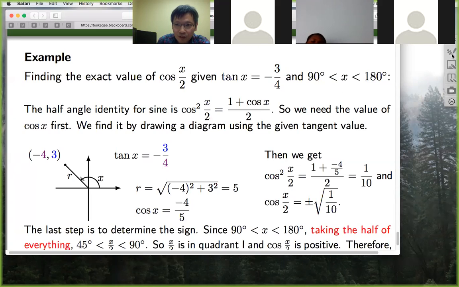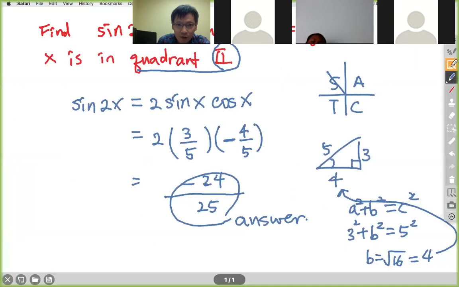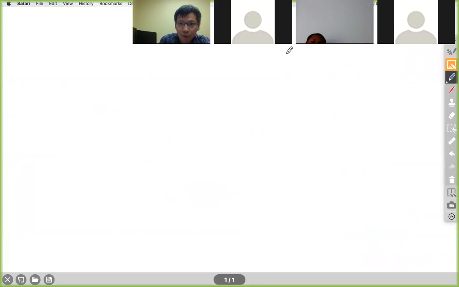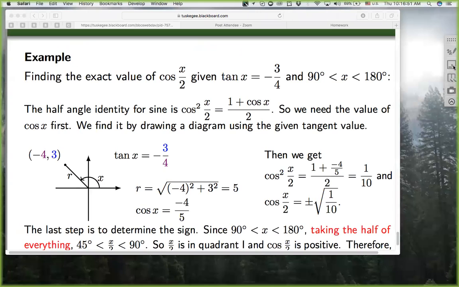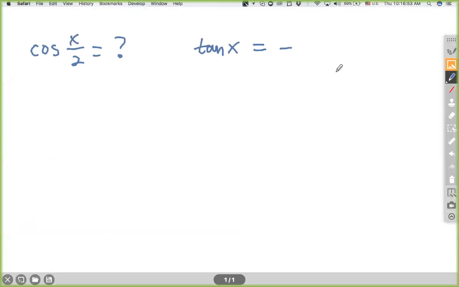Okay, so let me copy this problem over to the whiteboard. So this is the question. Now what you're given is tangent value of x. Notice that this is half angle, this is the regular angle, just x. And tangent x is negative 3 over 4. So let me copy it down here. Okay, 90 degrees and 180 degrees.